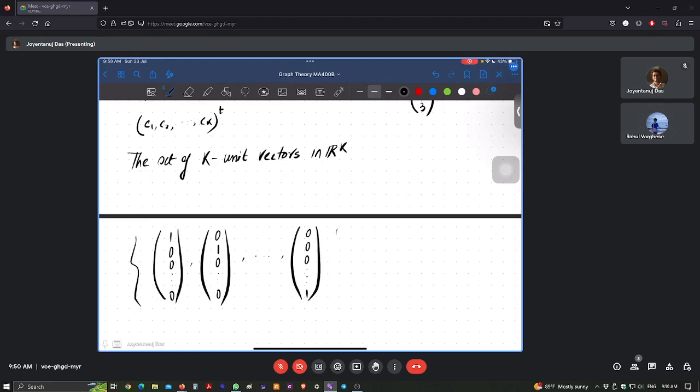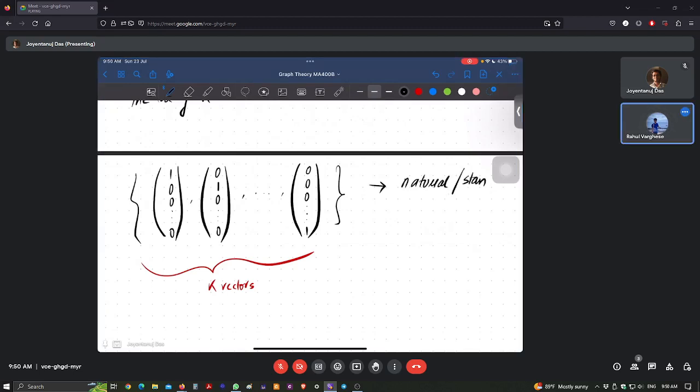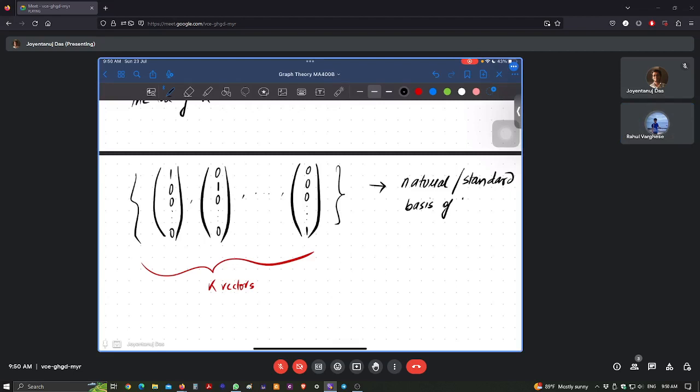So this is a set of k vectors. This is called the natural basis or standard basis of Rk.